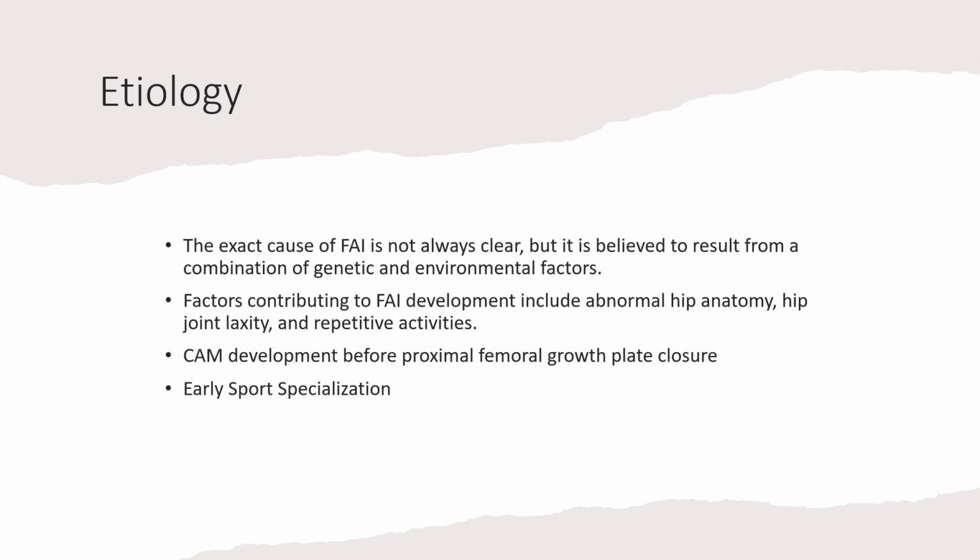Now, environmental factors, other things could be early sport specialization. And something that is different today than it was in the past is that now kids will play baseball all year round. And if you can delay that specializing in a single sport for as long as possible, now what they're recommending is 14 years old before you start to specialize.